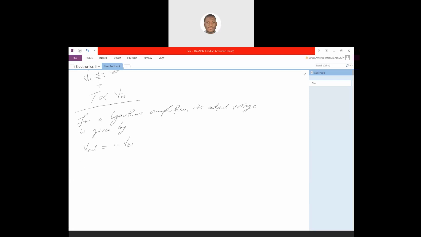And then the current, which is I. So what happens is that the current through the input resistor, I R in, is equal to the current across diode 1, which is the same as the input voltage divided by the input resistance. Let's say this is equation 1 and this is equation 2.